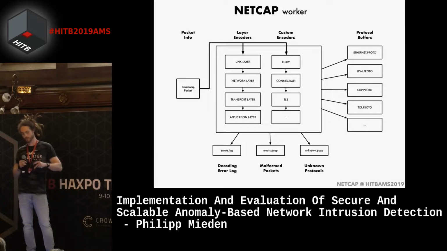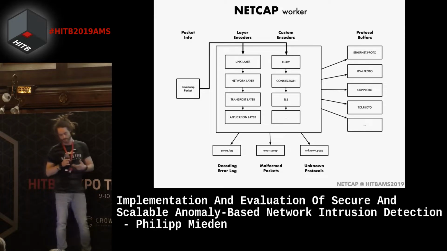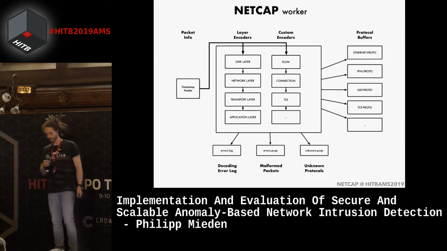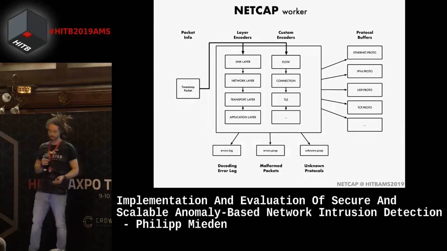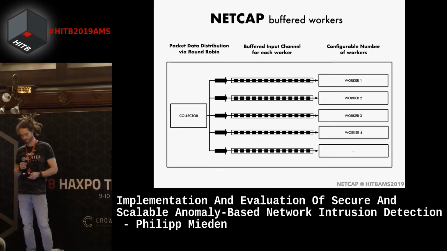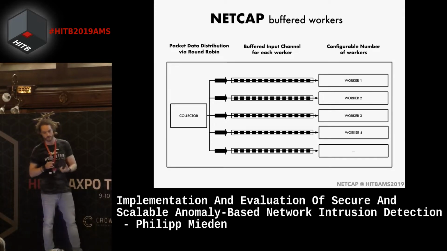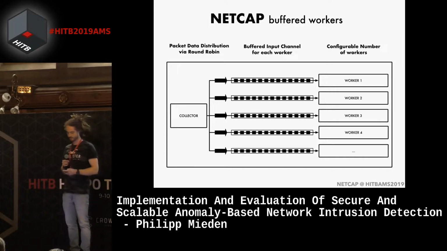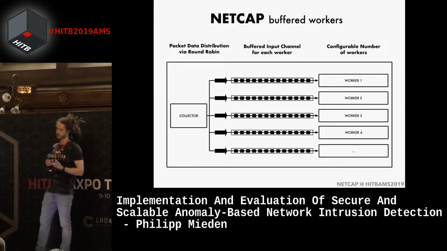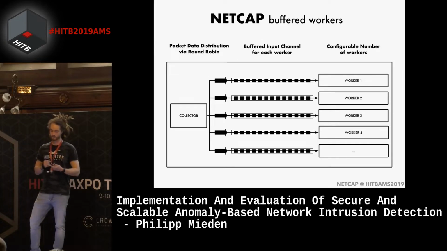Each worker dissects all the layers and writes all the audit records into the corresponding files, and also filters out traffic that we cannot decode or that had errors when decoding. Workers are buffered, so each worker has an input queue, and you can configure the size of the queue. I try to keep it as configurable as possible, so you can really tweak it and see what works best on your system and where you get the best performance.